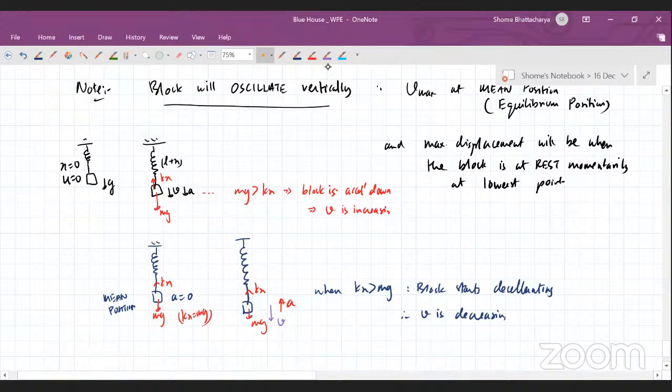So this is the instant at which the speed is maximum. This is your maximum speed, because going from here to here, okay, what is happening? Speed is increasing, but the moment you cross this point now, your speed starts decreasing.